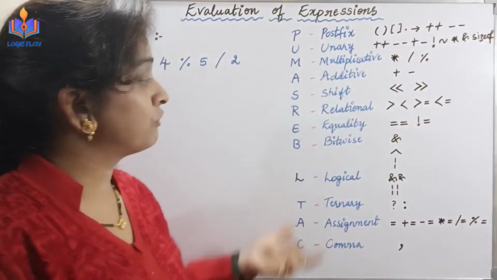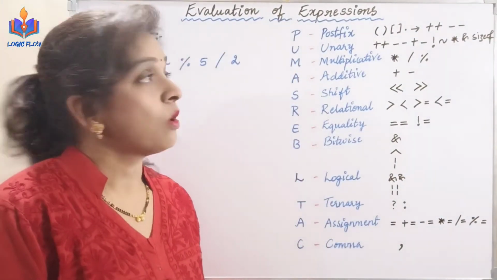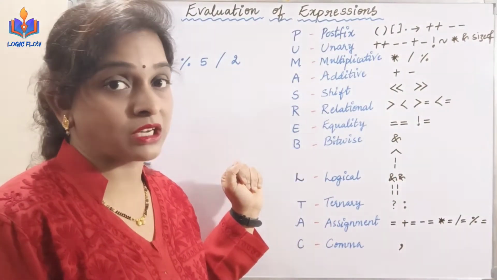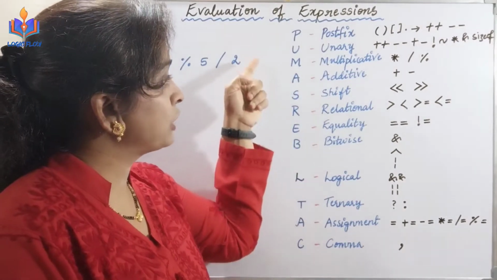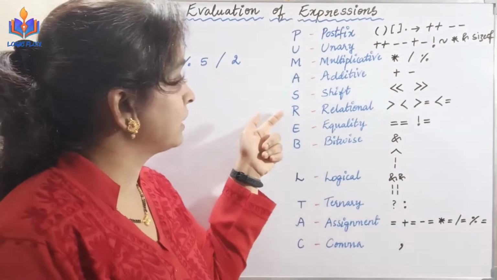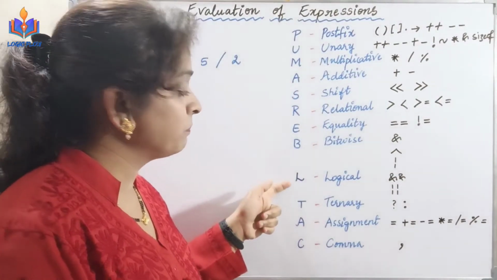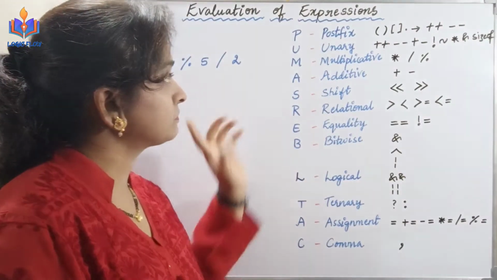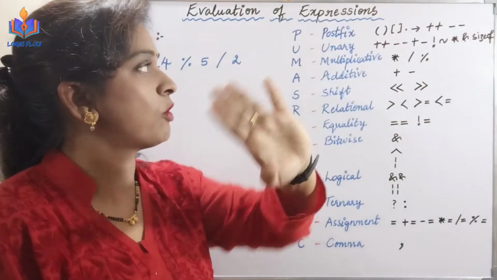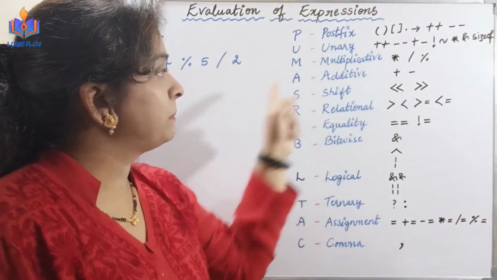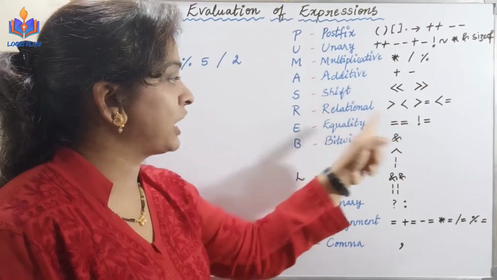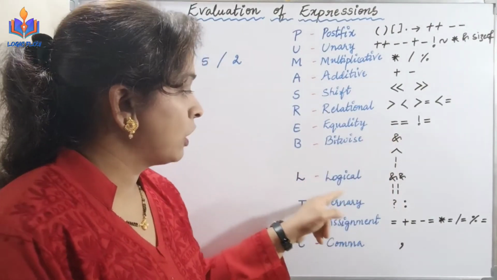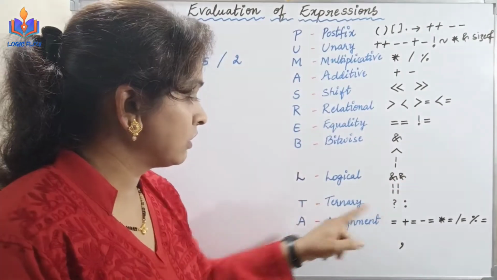So here I have written the technique of remembering the operator precedence. I have discussed that in the previous video, so please do check out that video. I have mentioned Pumas, the shoes brand, Reebok, Liberty, and the mouth freshener Tic Tac. So it is postfix, and then we have the list of operators: unary, multiplicative, additive, shift, relational, equality, bitwise, then logical, ternary, assignment.